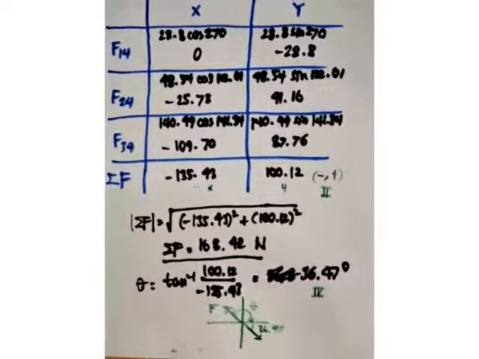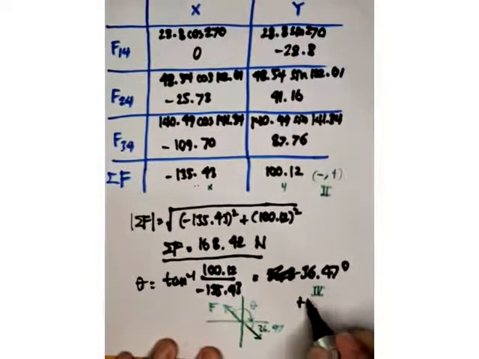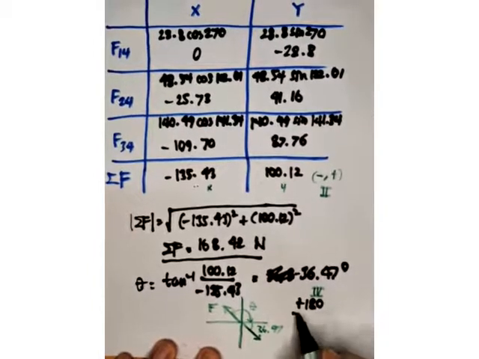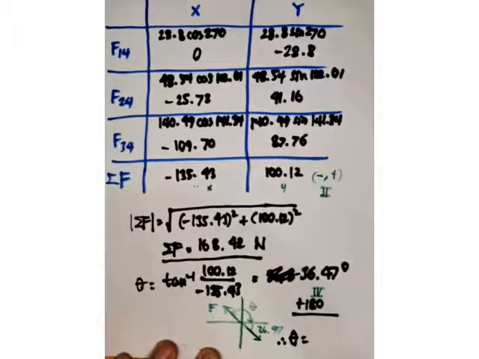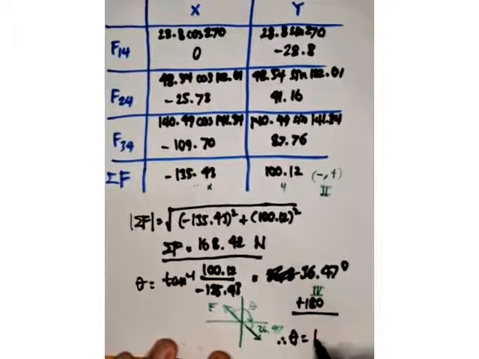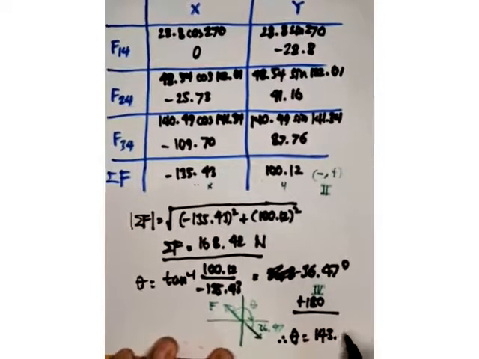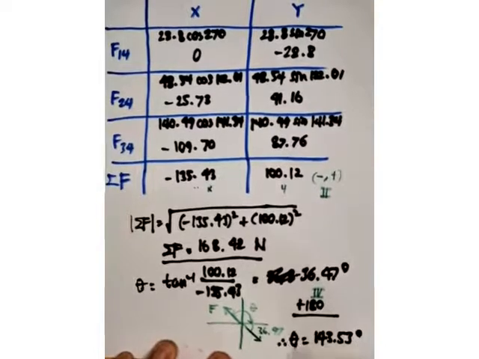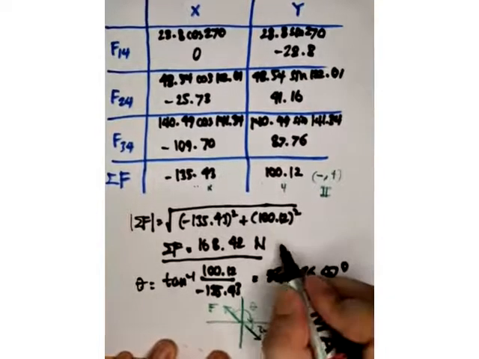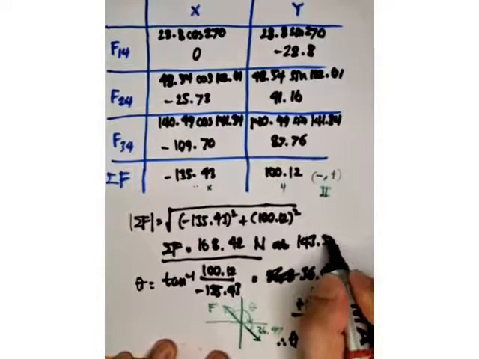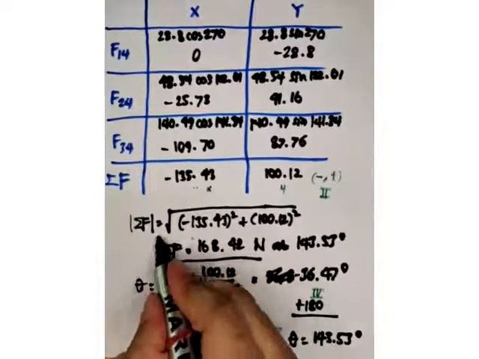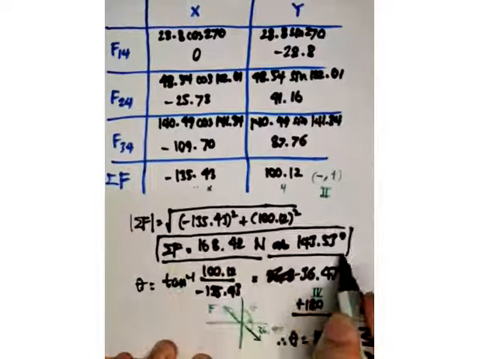Okay, so ang gagawin natin ay mag-add na lang tayo ng 180 degrees. So therefore, yung actual sagot ay 143.53 degrees. So ito yung sagot natin. So at 143.53 degrees. So this is our final answer.